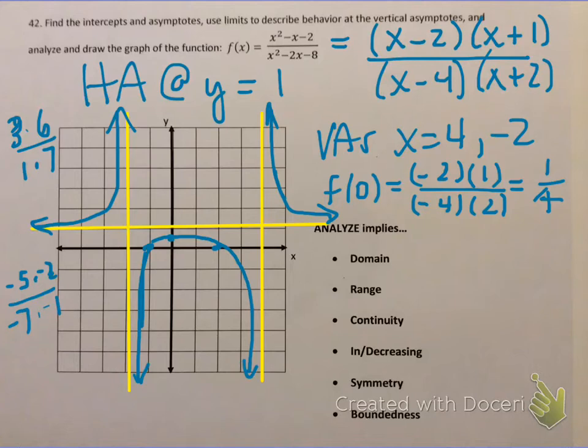Alright, now let's look at our details here. Our domain is from negative infinity to negative 2, and I'm going to leave out my u's since I'm squeezed for space, but you can put u's between these sections to be correct. And then it would go from negative 2 to 4, and then from 4 to infinity.